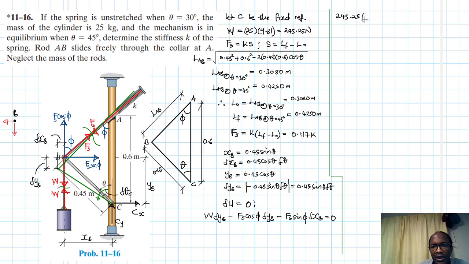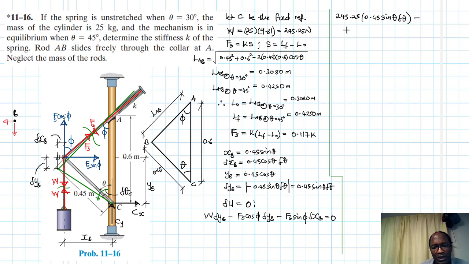Del yb we said is 0.45 sine theta del theta.